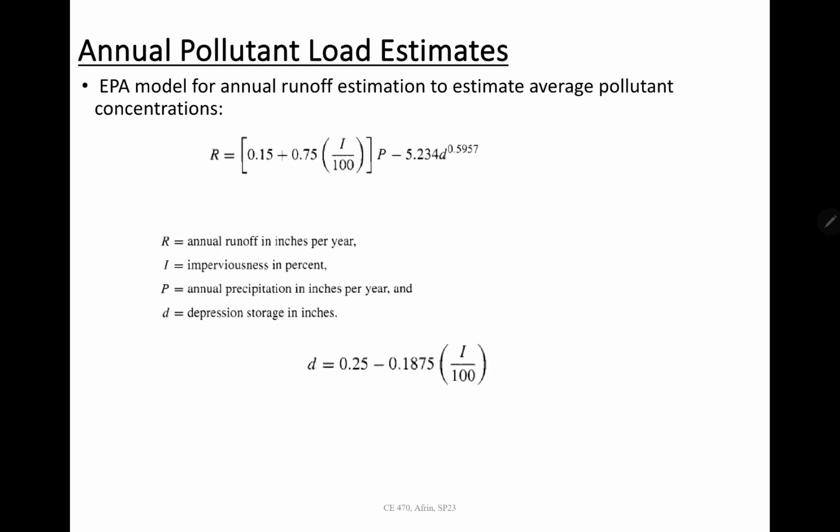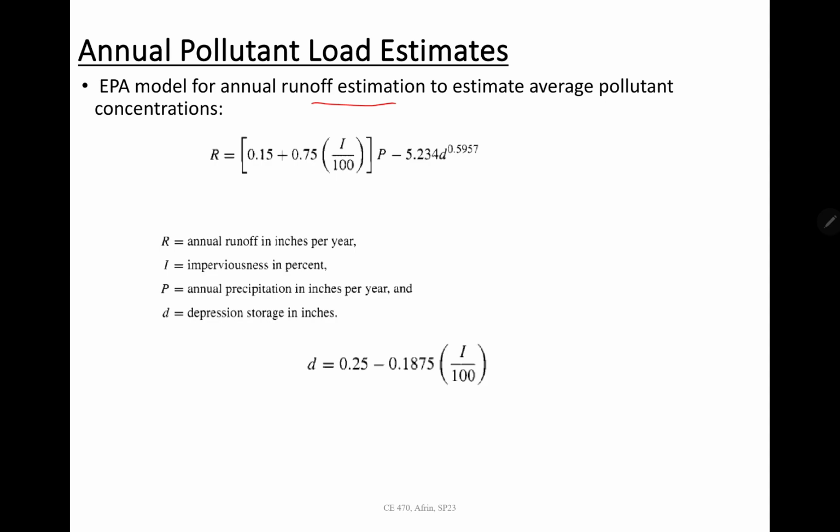Okay, they also give you the approximation for how you can find the annual runoff estimation to estimate the average pollutant concentration. These are some equations if you don't know the runoff directly.